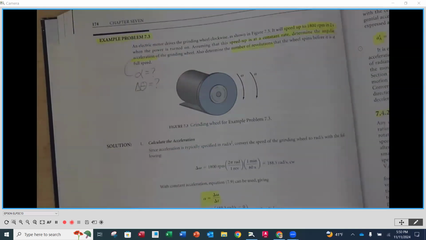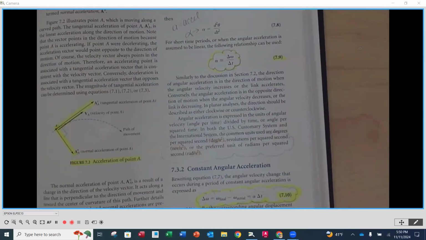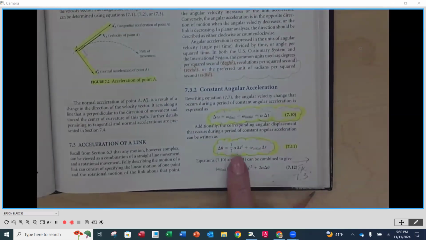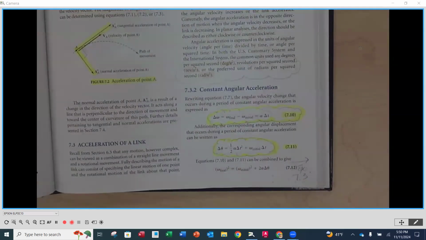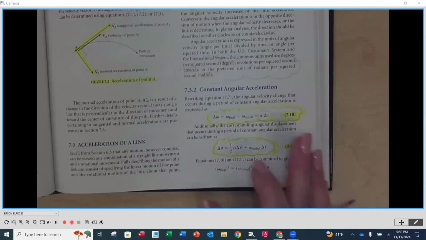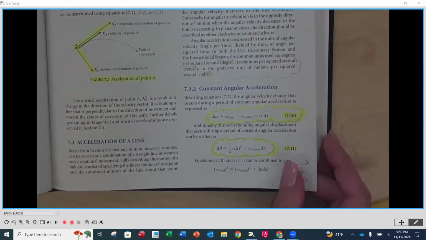So what is our angular displacement? So if we go back a page at the bottom here, yep, at the very bottom here, equation 7.11, 1/2 angular acceleration times the time squared plus initial angular velocity times the time is our equation.